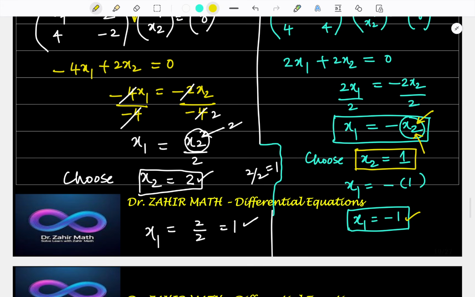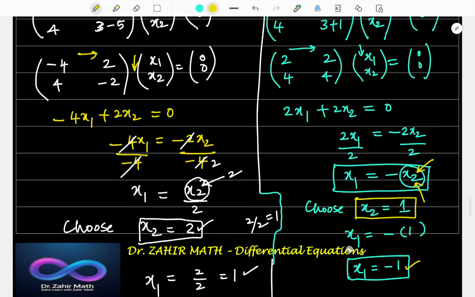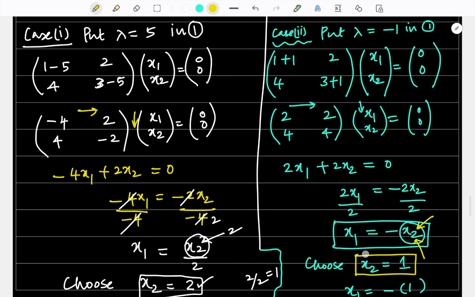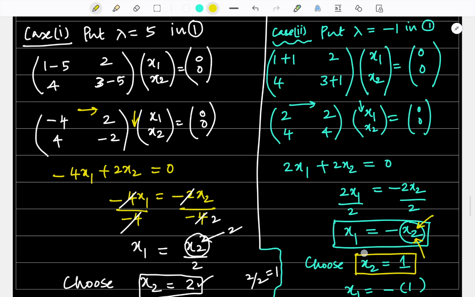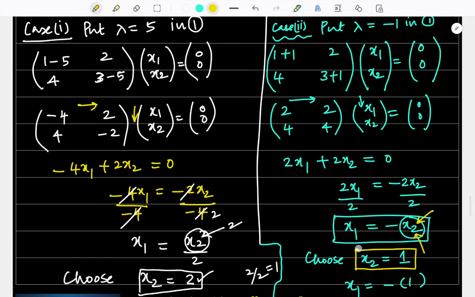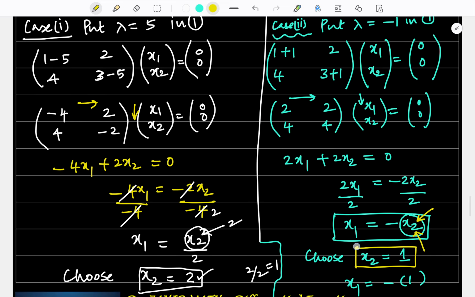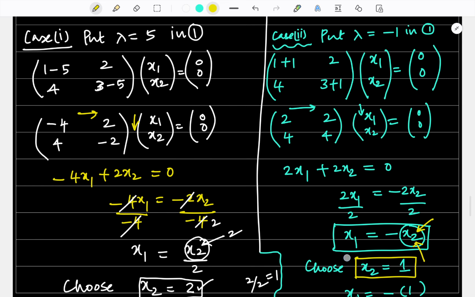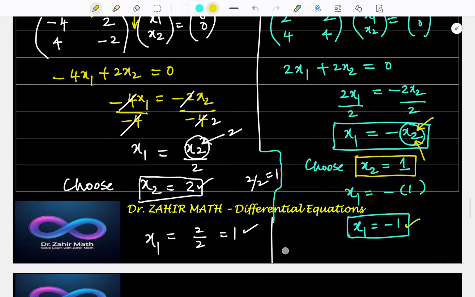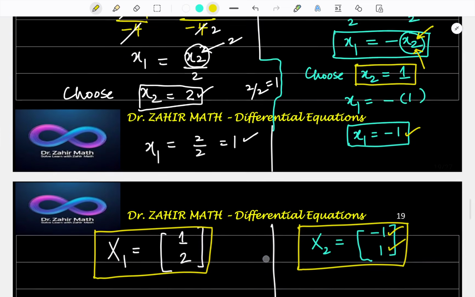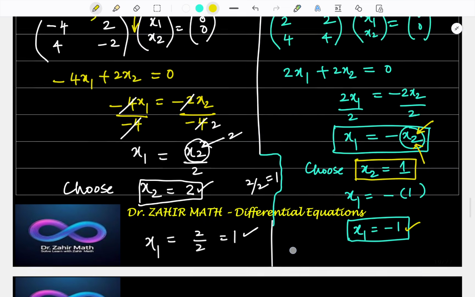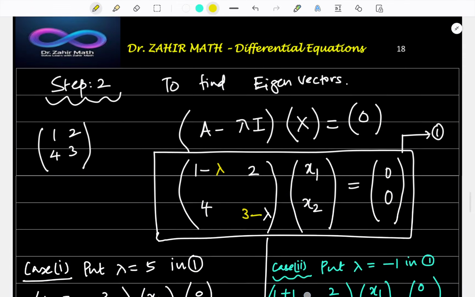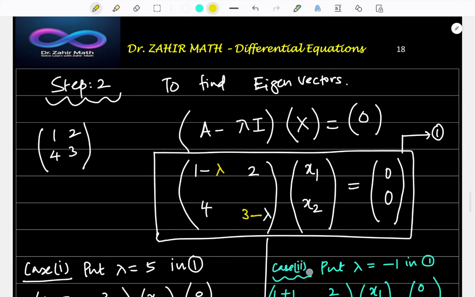I get an equation 2x1 plus 2x2, so 1 plus 1, it's going to become 2, right. So lambda is equal to what? Let me check again, lambda is equal to minus 1. If I take minus 1, what happens? Where is the matrix? Here. So lambda is plus 1 or minus 1, lambda is minus 1.